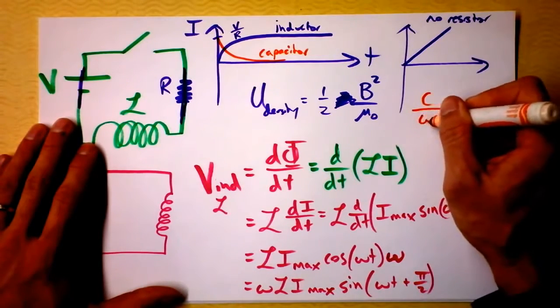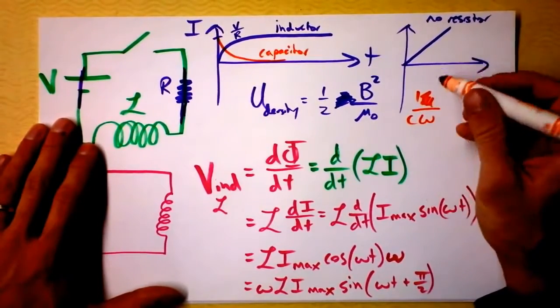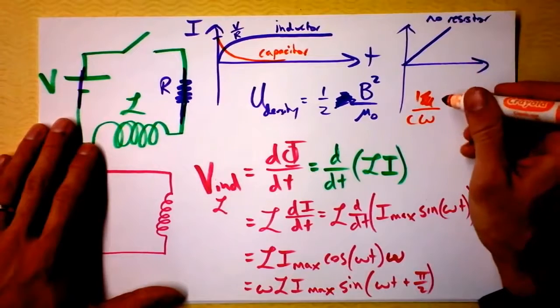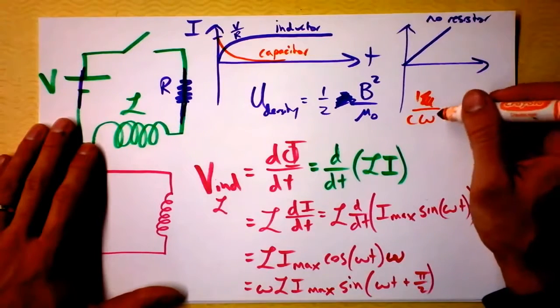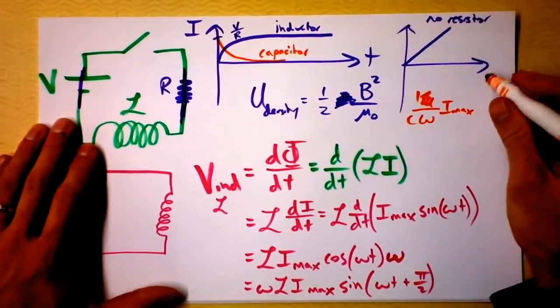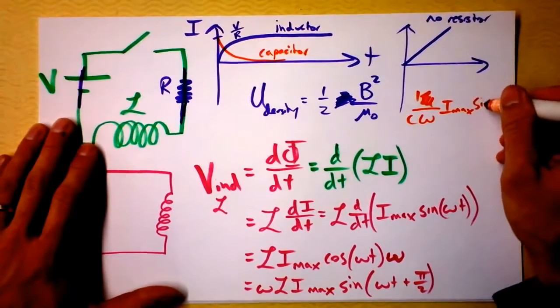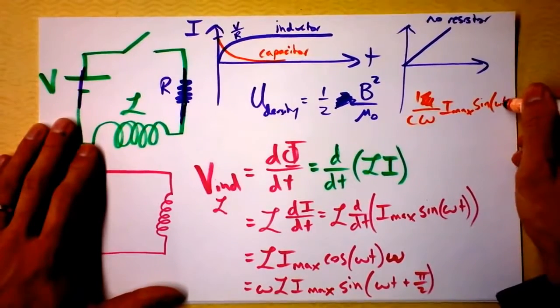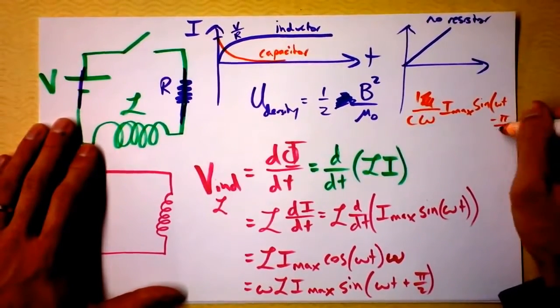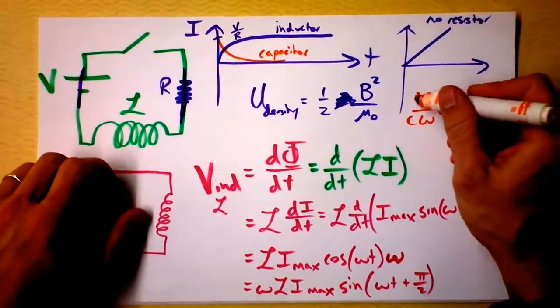It was 1 over capacitance and omega, times I max times the sine of omega t minus pi over 2. So the phase shift was different because we had a minus sign out front.